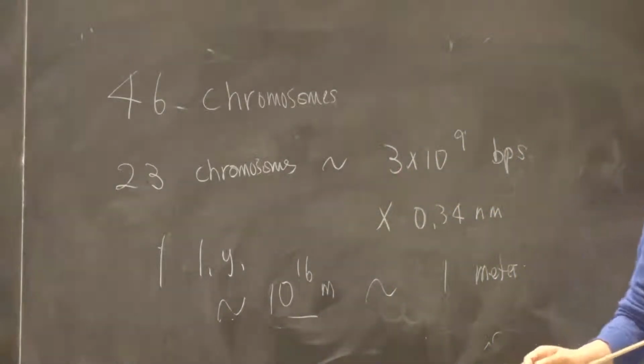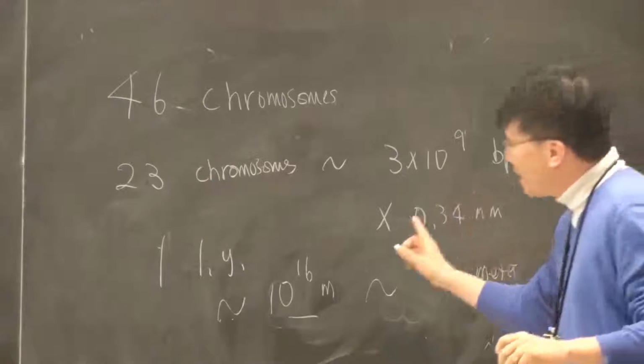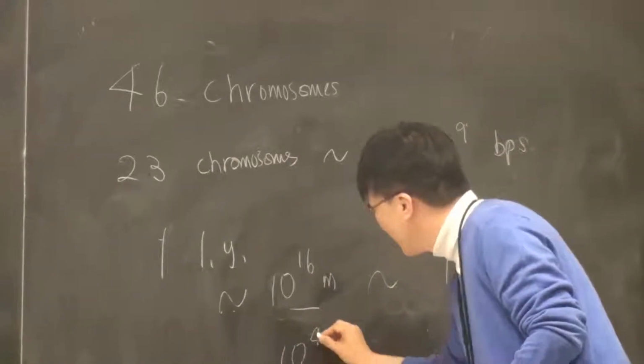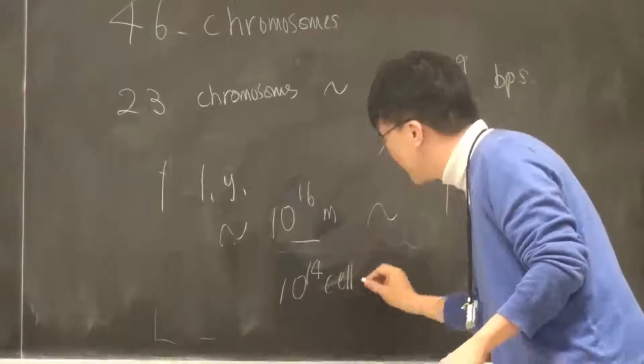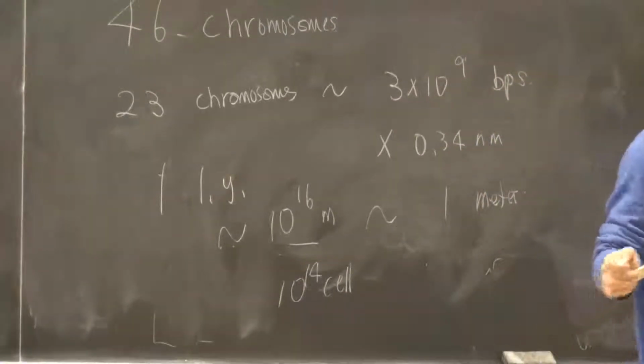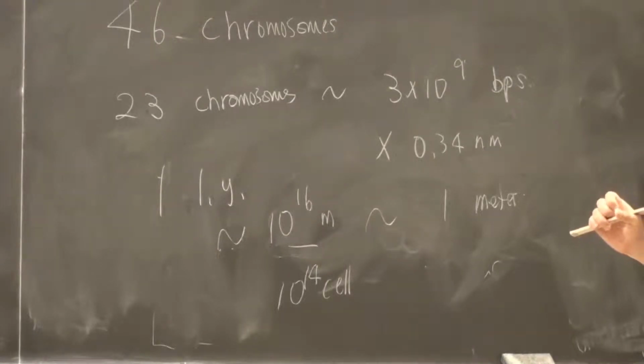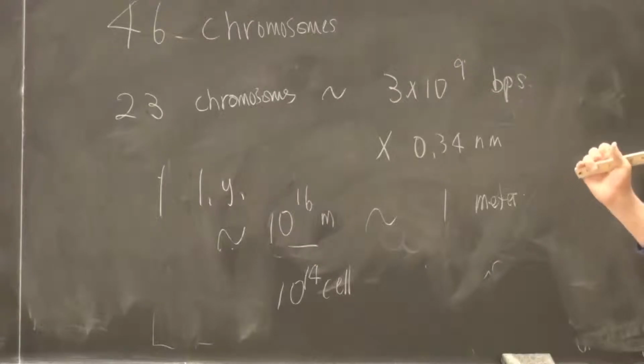It largely comes from 2 things: we have 10 to the 14 cells in our body, and some cells are made more than once. On average, if the cells are made 100 times, then you get that. Mainly it's the fact that you have a lot of cells.